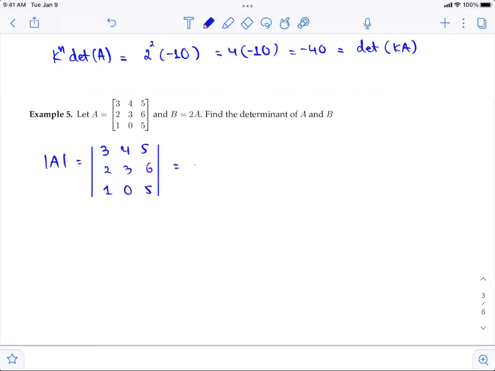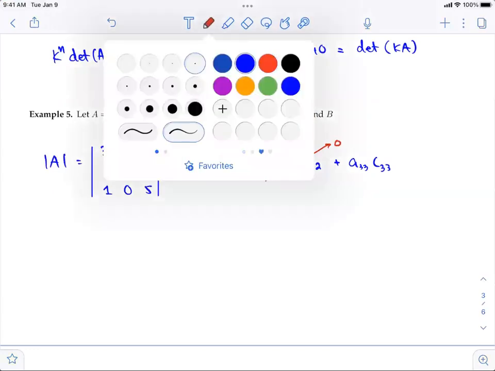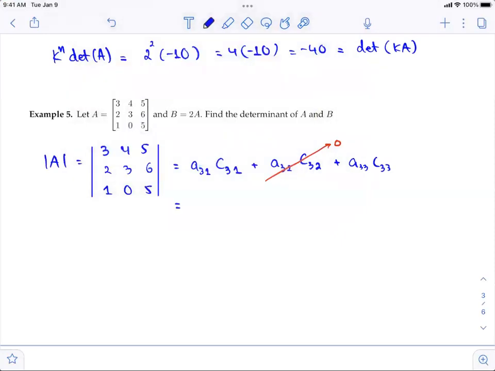So it's going to be A31 times C31 plus A32 times C32 plus A33 times C33. This entry is going to be equal to 0 because A32 is a 0 entry. So for A31, you get A31 is equal to 1 times C31.